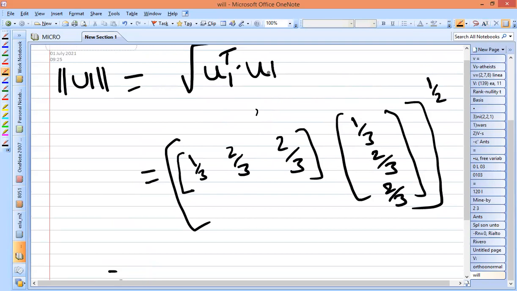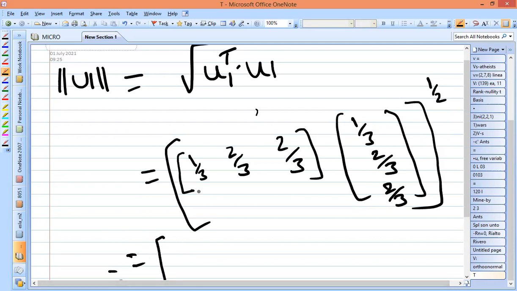The length of U1 is square root of U1 transpose into U1. How much?